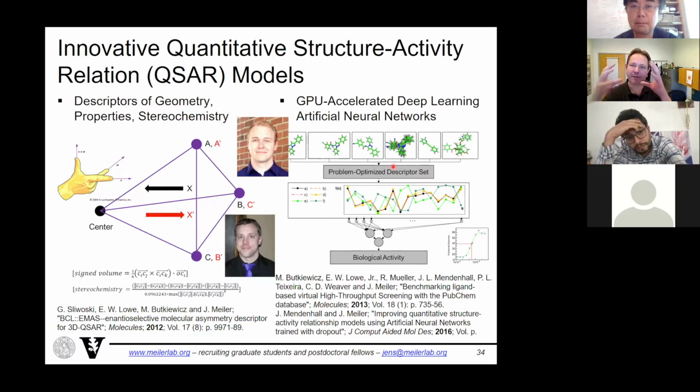If you have a three-dimensional structure of your small molecule, the distance and the angle don't change if you change the Cartesian coordinates. But mirror image and mirror image are identical when you just look at distances and angles. But in biological activity, we know that mirror image and mirror image can have very different activities.